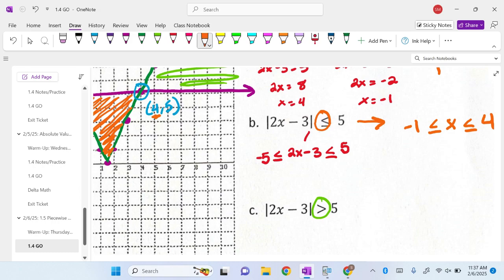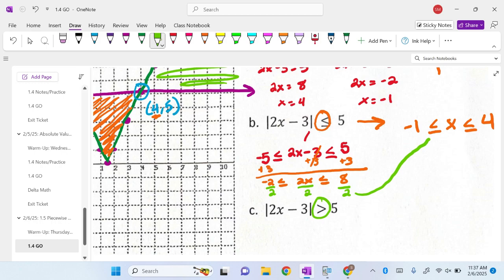Remember, less than you make a compound inequality, greater than you make two separate. So then we just solve. I add 3 to all three sides. This goes away. -2 is less than or equal to 2x, which is less than or equal to 8. And then divide by 2. If I divide by 2, I'll get this answer. So whether you solve it graphically or algebraically, you should get the same answer. Is everyone following that?